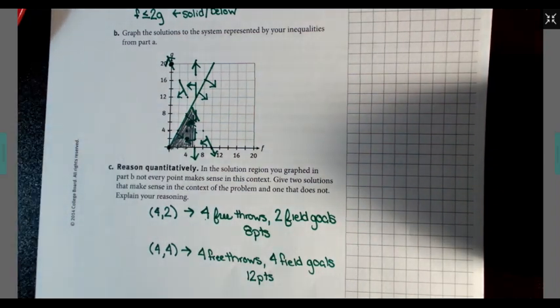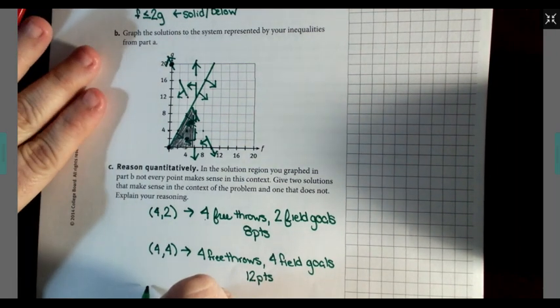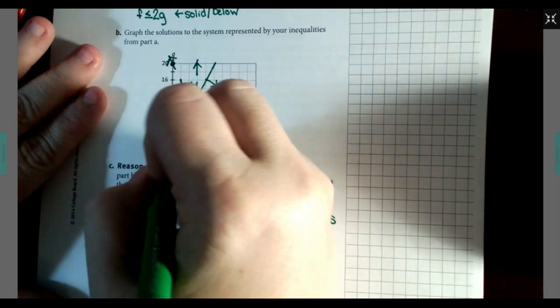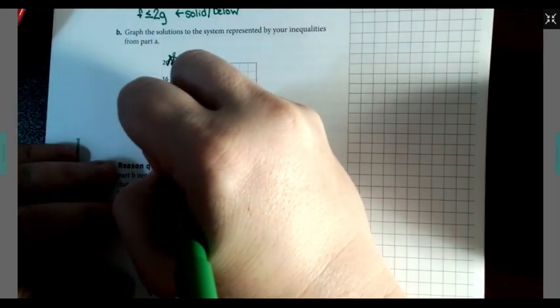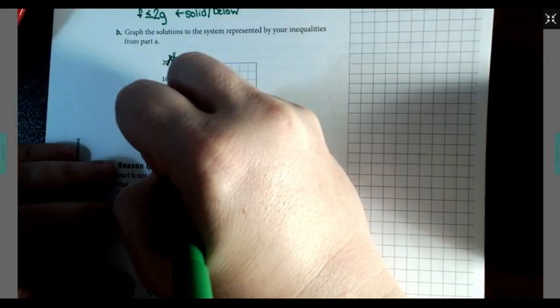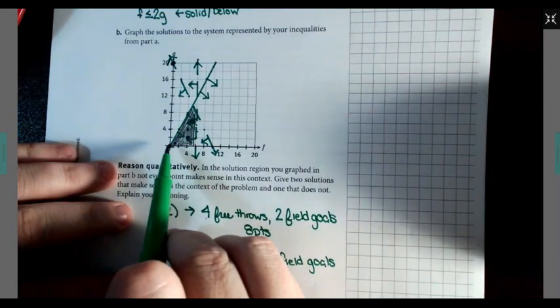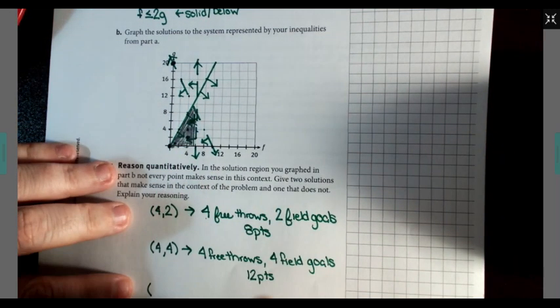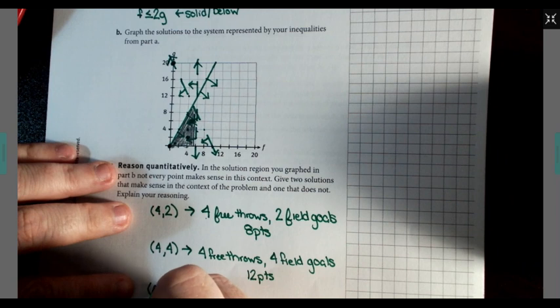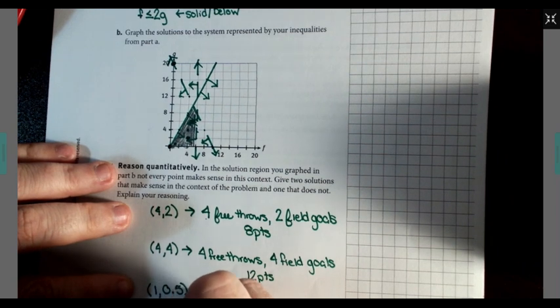Let's talk about a point that is in this section but doesn't make sense. We have this point right over here, which is 1 comma 0.5.